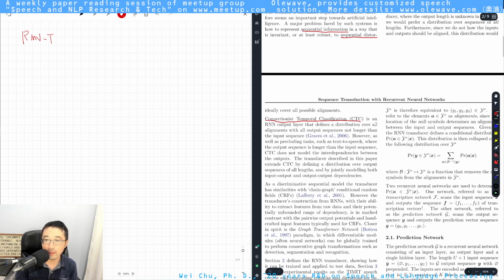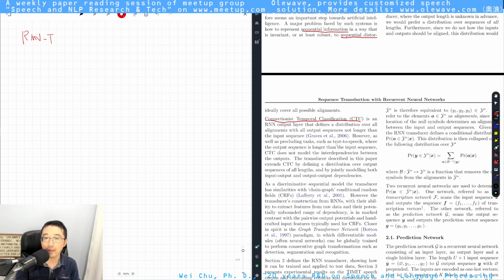And it's interesting, he's mentioning CTC as an RNN output layer. This is something I truly do not fully understand, because by definition, or in his work, CTC assumes that all the outputs are independent.